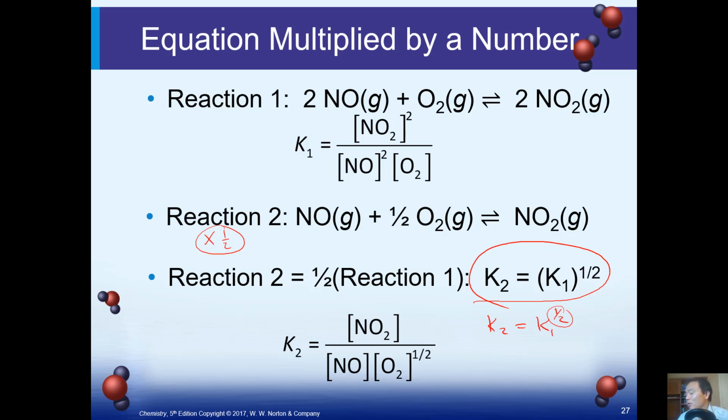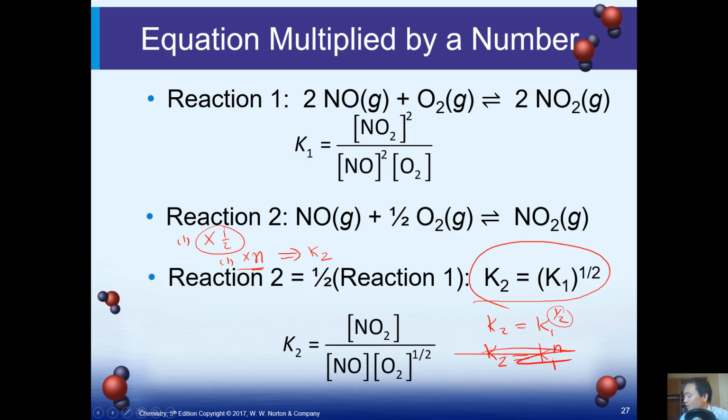So if I multiply reaction 1 by n to get reaction 2, the more generic statement is K2 is K1 raised to n.